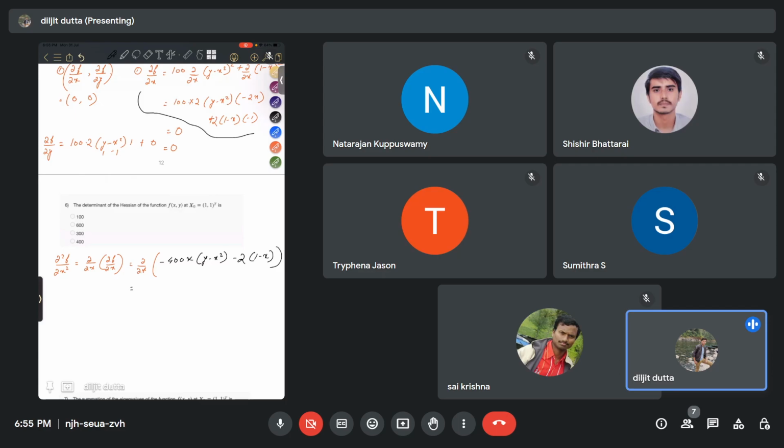Again I will do variable separable, so it will be 400 into y minus x square into, minus 400 into x into minus 2x, and the second term will be plus 2.